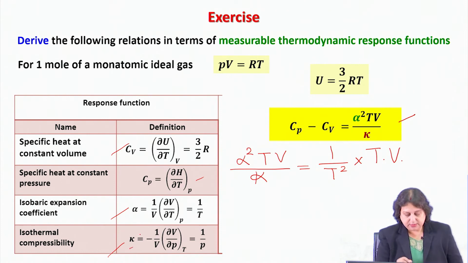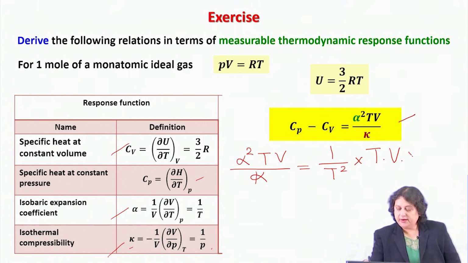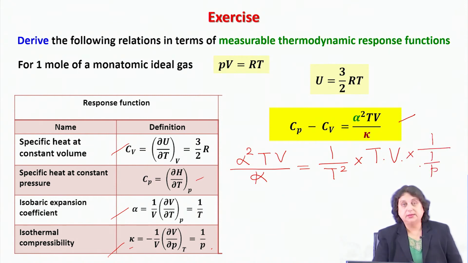Now, kappa is equal to 1 by P, and therefore, I will write this as 1 divided by 1 by P. So, this term turns out to be, I make it T, and so PV divided by T.